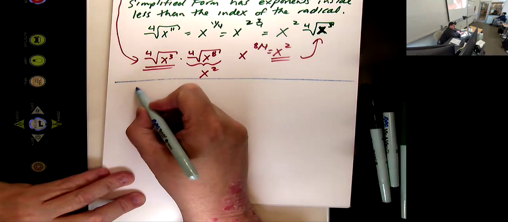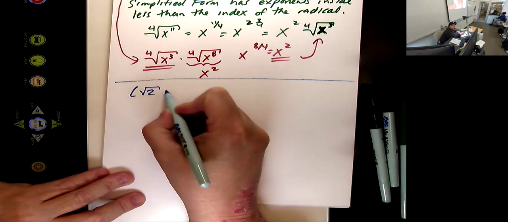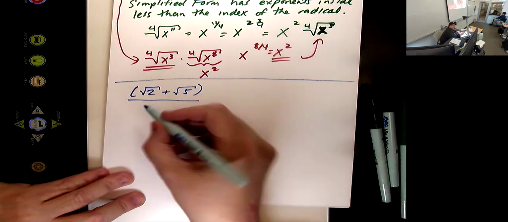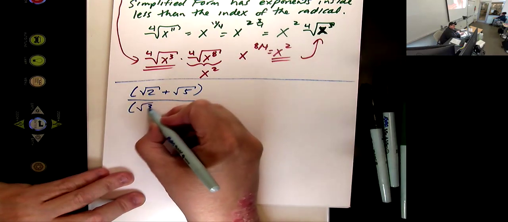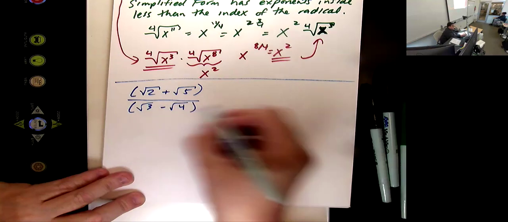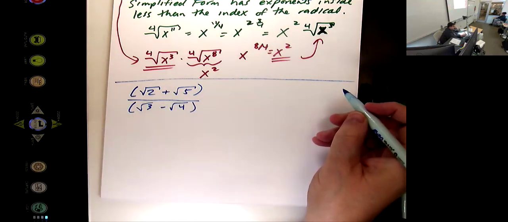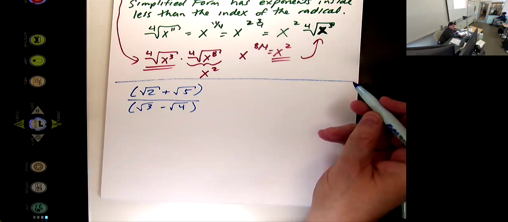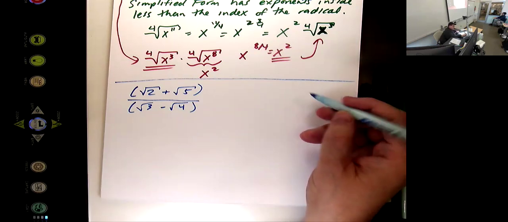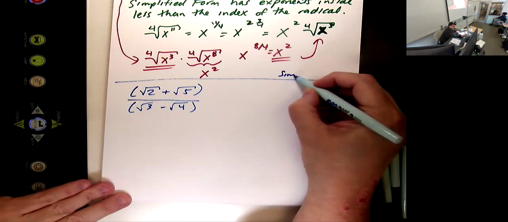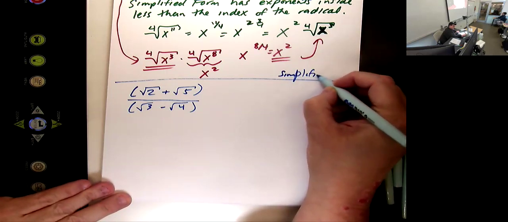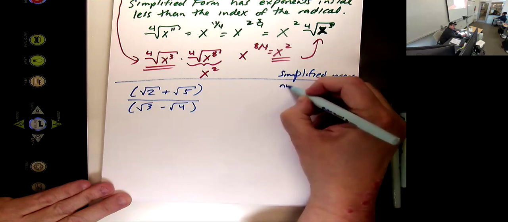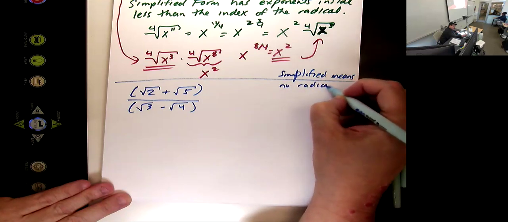So let's say we got square root of 2 plus square root of 5 over square root of 3 minus square root of 4. This is something we'll be doing in more detail today. Simplified form also means no radicals on bottom.